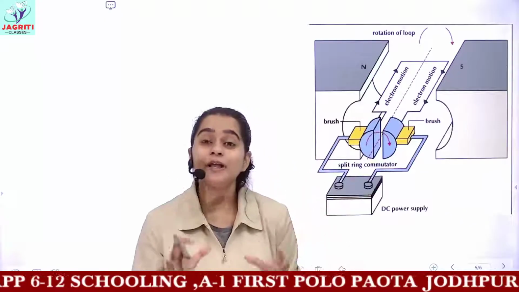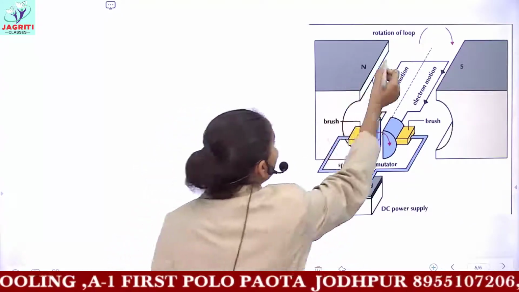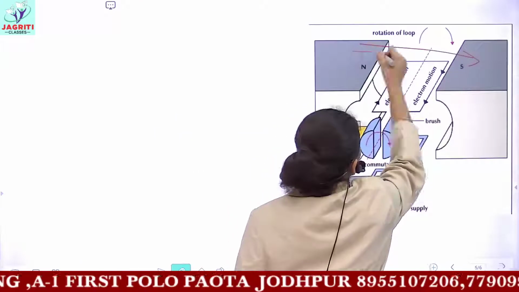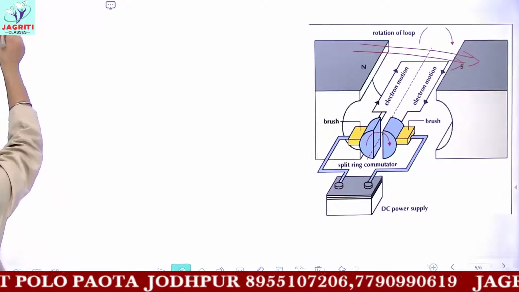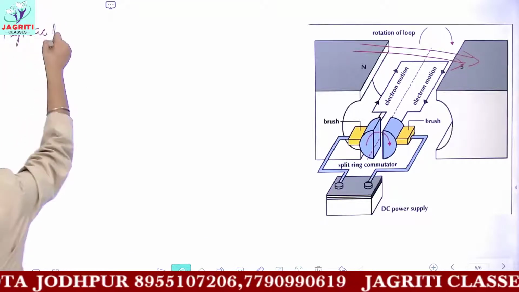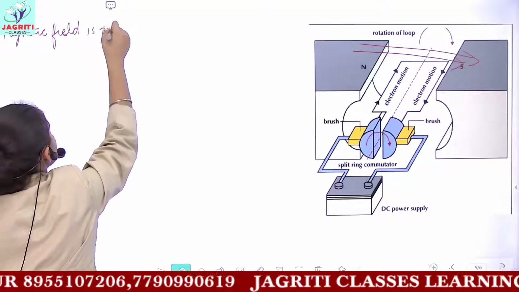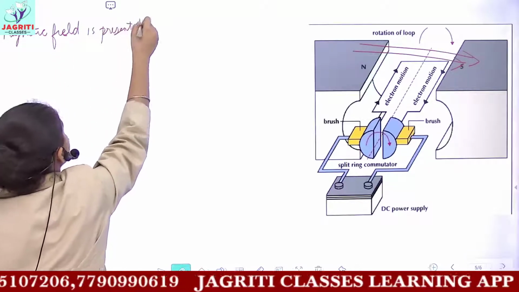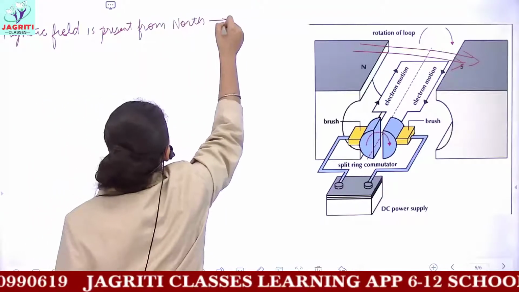So here you have the presence of a magnetic field, and the direction of the magnetic field would be from north to south. So the first point: a magnetic field is present from north to south direction.